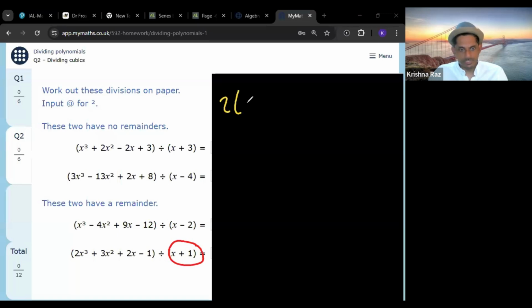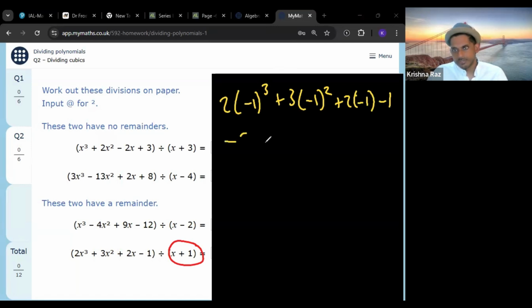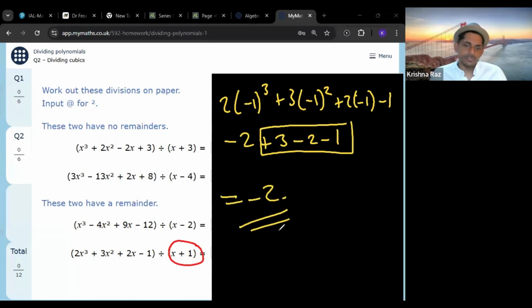So 2 times -1 cubed plus 3 times -1 squared plus 2 times -1 minus 1. So that gives us -1 cubed is -1, plus 3, -2, minus 1. We can see that equals 0. So that is the same answer we got when we divided. So that is the remainder theorem.